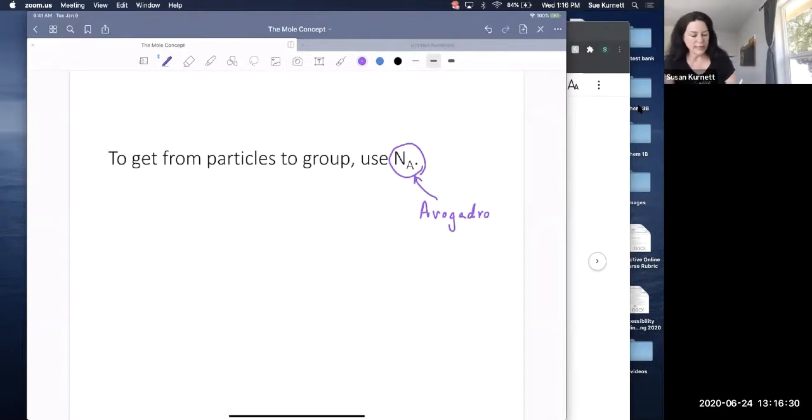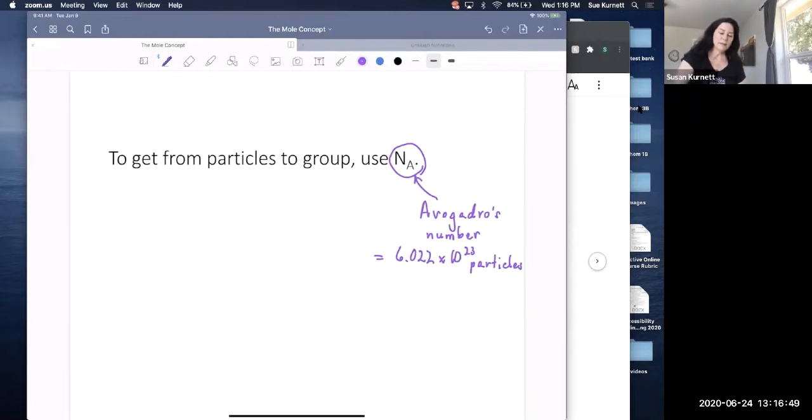So we call N A Avogadro's number, and that is equal to 6.022 times 10 to the 23 particles. So to get from particles to a group, we use Avogadro's number. Just like to get from particles to a dozen, we use the number 12, but we haven't given anybody credit for that name, that number, that grouping.